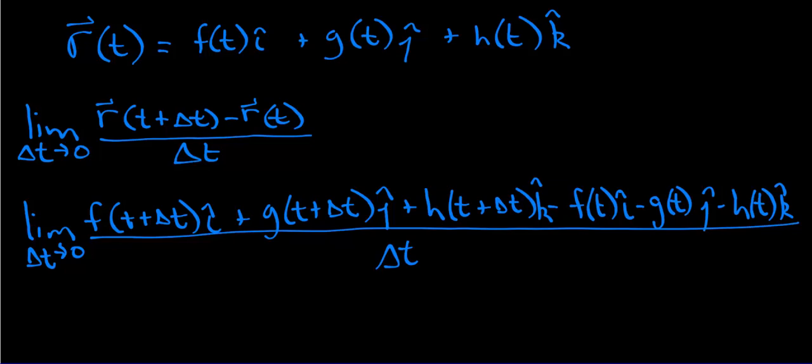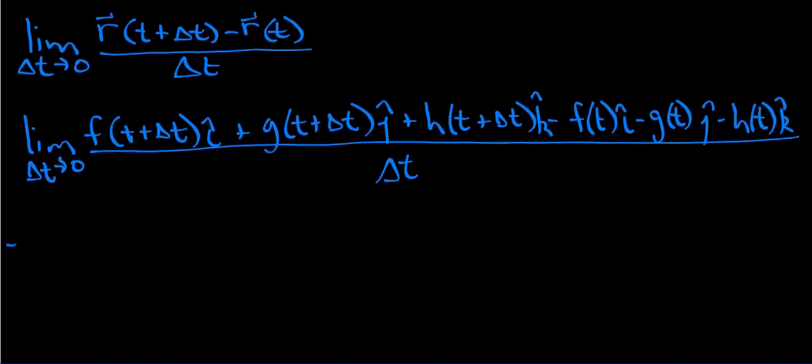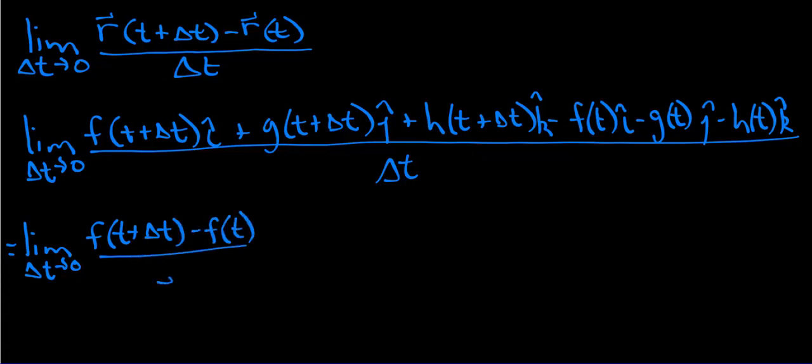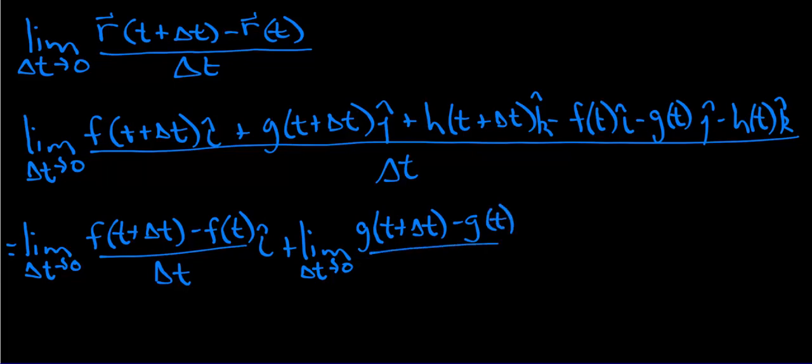Now let's put everything together and see what we've got. Okay, so what I'm going to do is a little bit of grouping. I'm going to group the f's together. So let's see what we've got here. I've got f of t plus delta t minus f of t over delta t i. See? So I've grouped the f's together. Plus the limit as delta t goes to 0 of g of t plus delta t minus g of t over delta t.